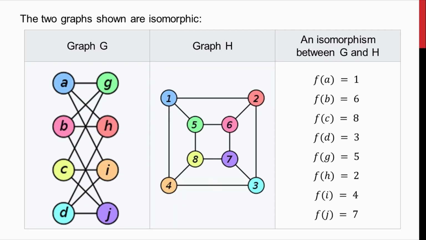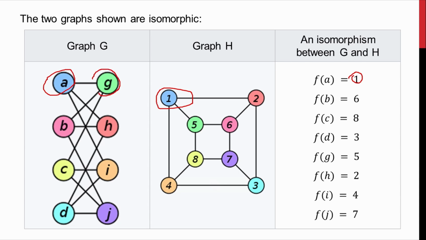So here we have one more example. Here are graph G and graph H. Graph G has 8 vertices and 12 edges. The same graph H has 8 vertices and 12 edges. The corresponding f of A in graph H is the node 1.